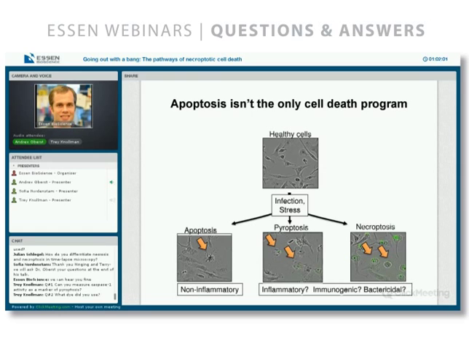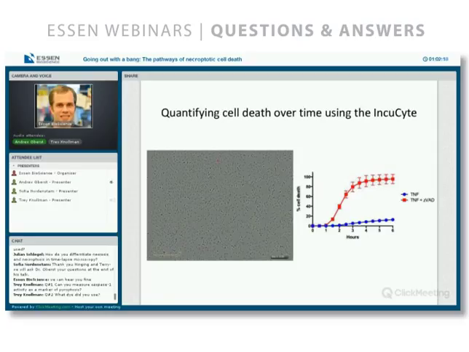If I can skip forward here to our movie, where did that go? Here we go. So this is our plot of dying cells as measured in the IncuCyte using Cytox green.